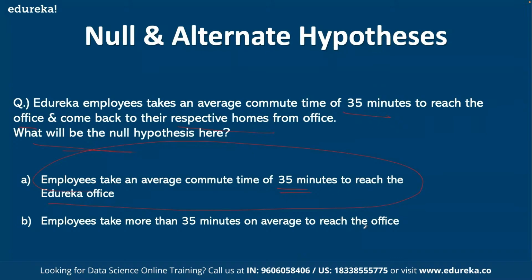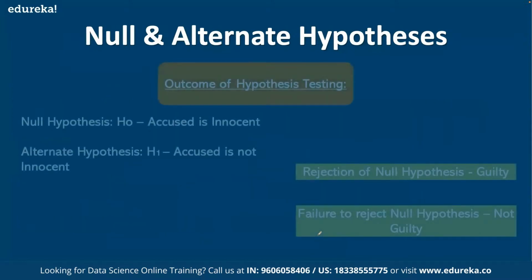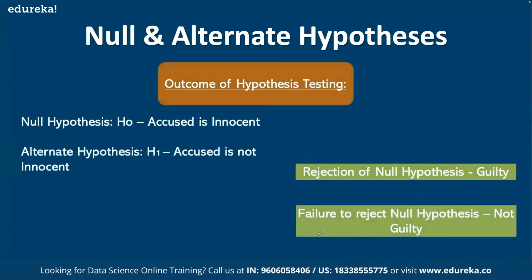My alternate hypothesis is the logically opposite statement, which says that Edureka employees take more than 35 minutes on average to reach the office. So that is the first step: we define our null hypothesis and the alternate hypothesis. If the null hypothesis holds good, then our current belief holds good.